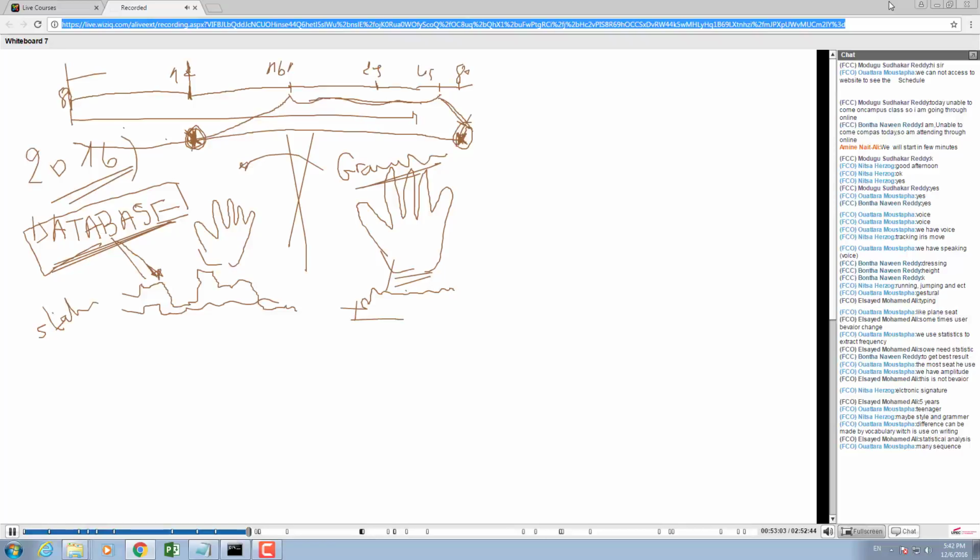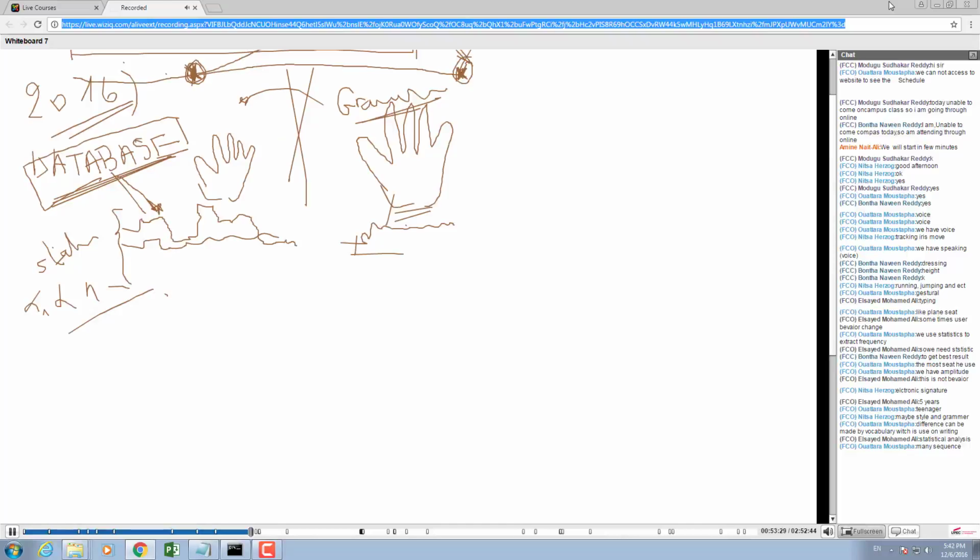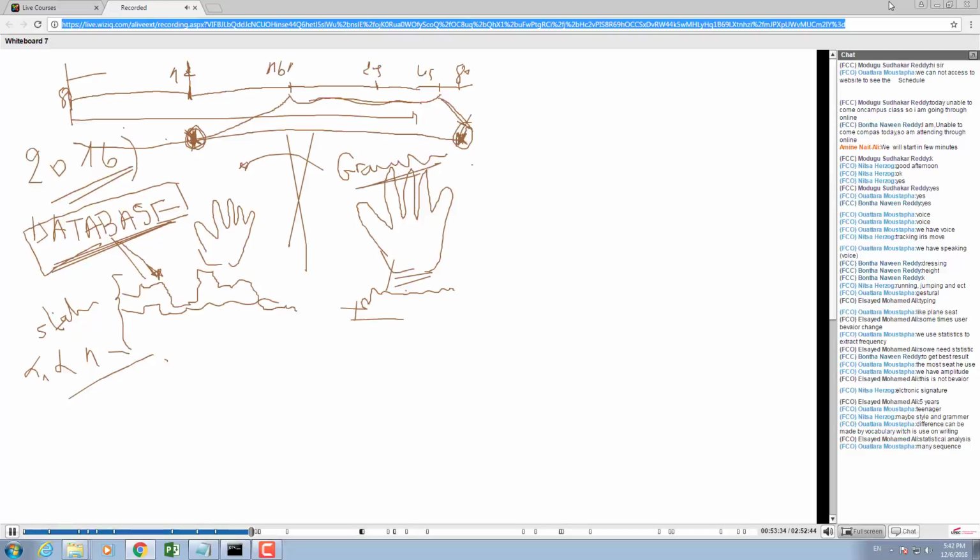And from this database, you can analyze different signals and do some statistics, because the parameters that you will extract will be statistical. It's not deterministic, it's based on statistical analysis.